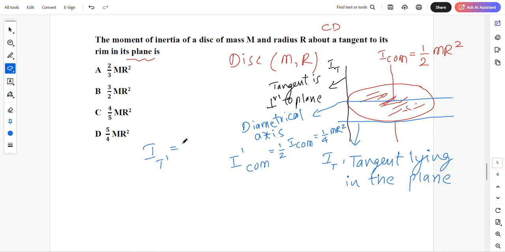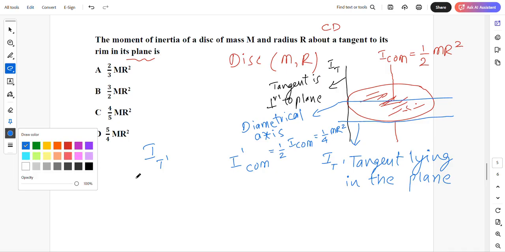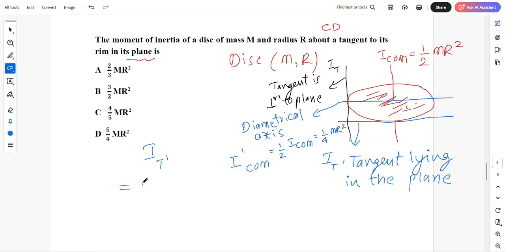I can write IT dash is equal to I dash com plus m into the perpendicular distance. Perpendicular distance is r only. M r the whole square. How much is I dash com?